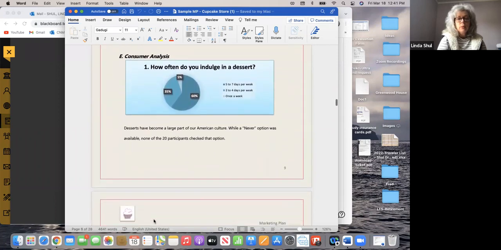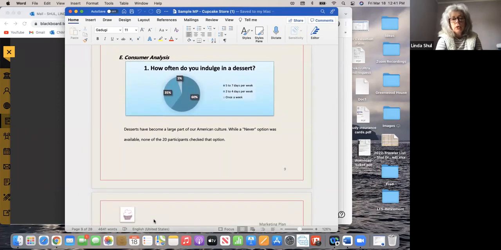And then the consumer analysis. So this looks super great. And most of my students over the years have done it this way. So you're going to have to pop some numbers into Excel and then copy and paste it into your Word document. Make sure if you're doing this, it's easy to understand.